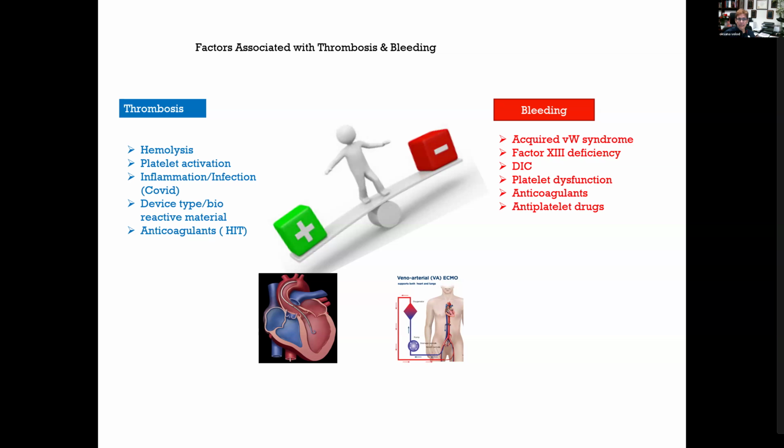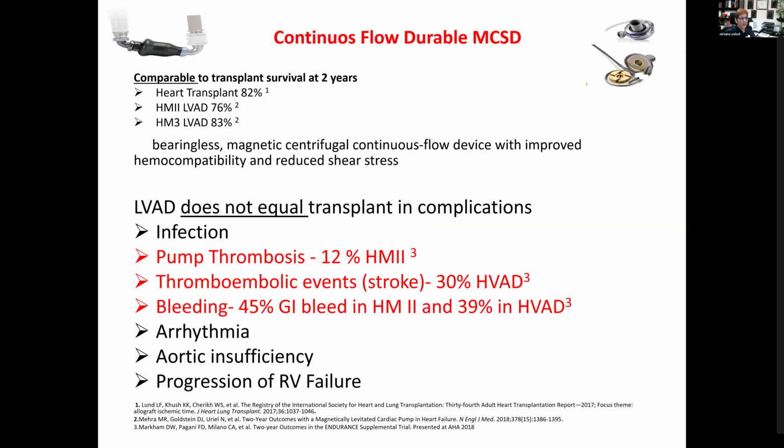I'm going to go very quickly because I don't have too much time, but I just wanted to show you that hemolysis, platelet activation, inflammation, device biomaterial, and anticoagulation itself can tip the patient off balance, and they also have risk factors for bleeding and prothrombotic events. As you can see, in patients on durable devices, the risk of pump thrombosis and stroke is very high.